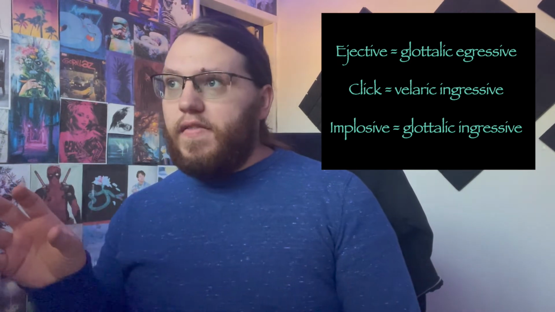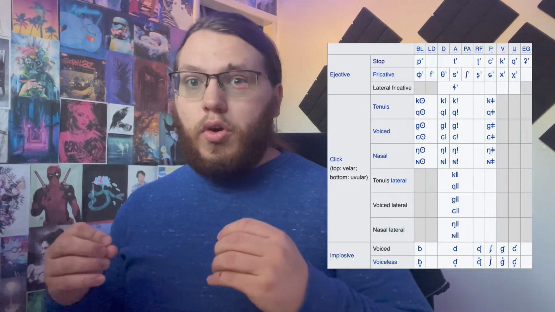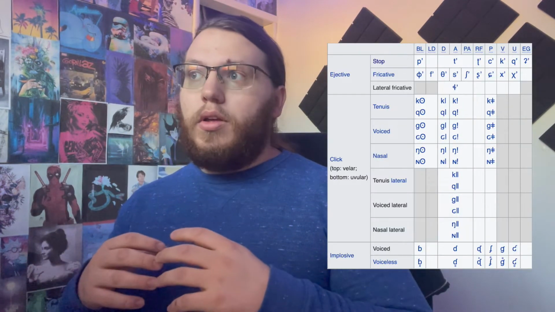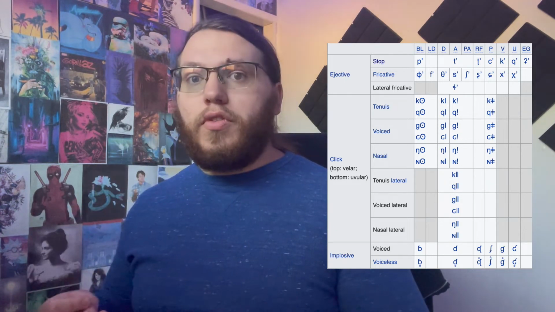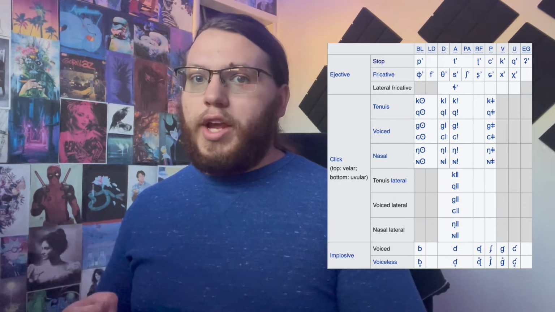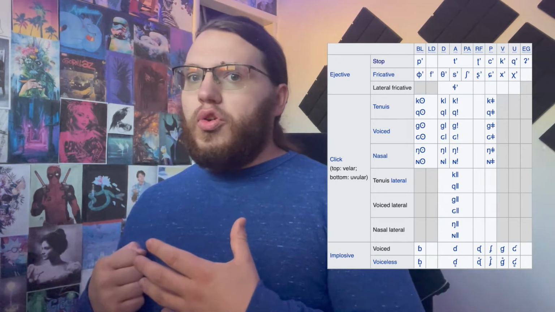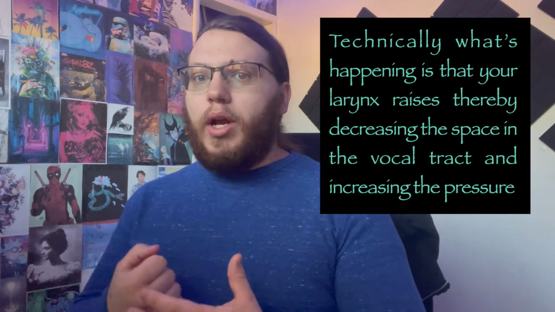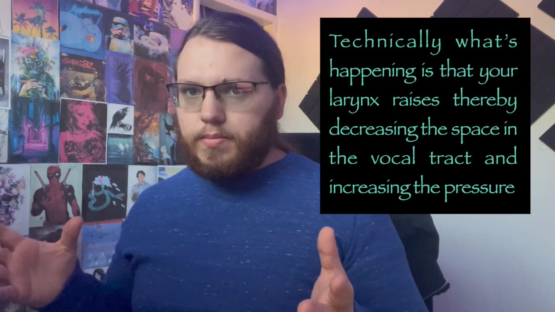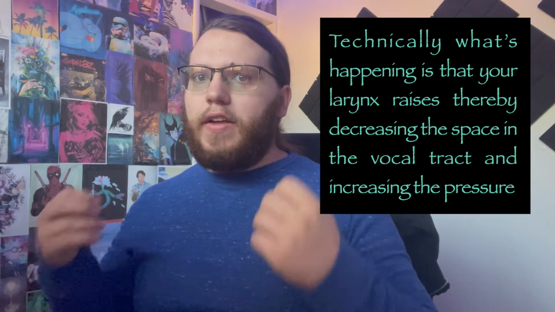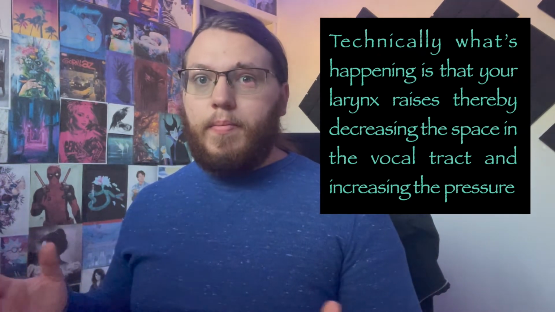So an ejective is you make a complete closure of the oral cavity, or not necessarily complete because it can also be a fricative, but you make some sort of restriction in the oral cavity, and then you increase the pressure in the oral cavity such that when you release the ejective, it comes out very forcefully.